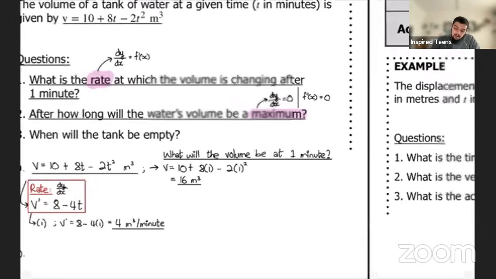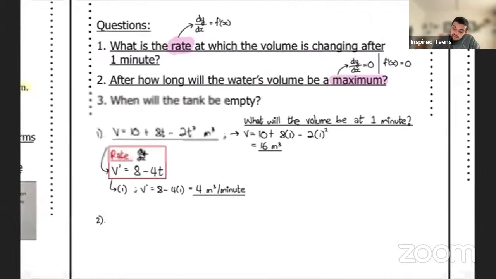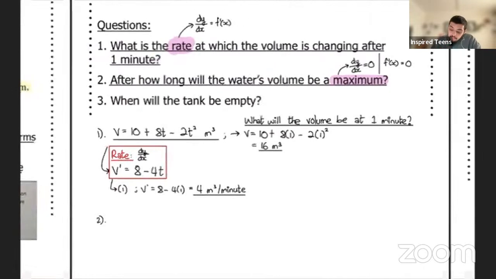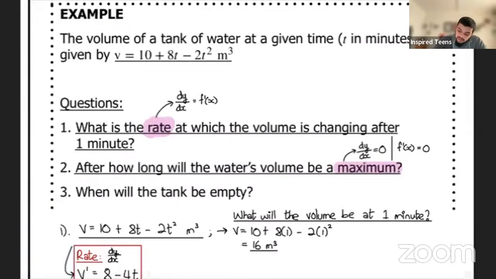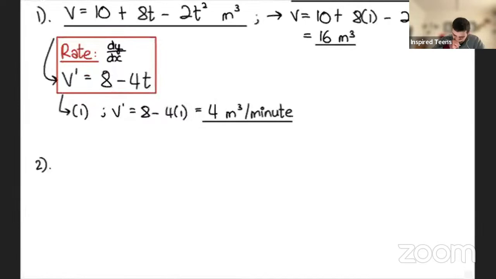They say, after how long will the water's volume be maximum? So you're going to take the volume equation, derive it, and equate it to 0. We already have the first derivative of volume. We calculated it earlier for rate, but now we're using it for maximum. We derive it, but in this case, we equate it to 0.